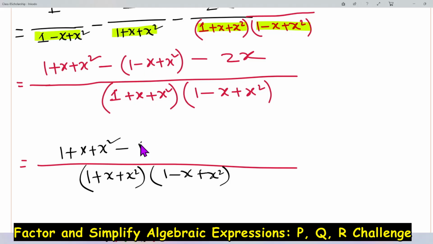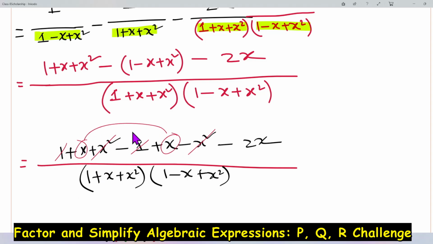So here is minus 1 plus x and minus x square, and here is minus 2x. Now look, here 1 and minus 1 out, plus x square minus x square out. Here is plus x, here is plus x. So once we make addition, here is 2x, and here is minus 2x. So this one and this one also out.